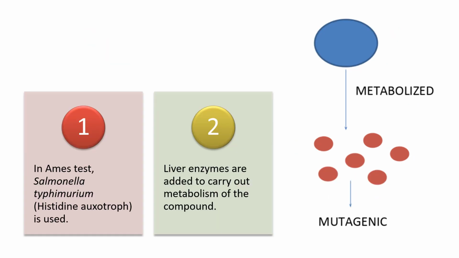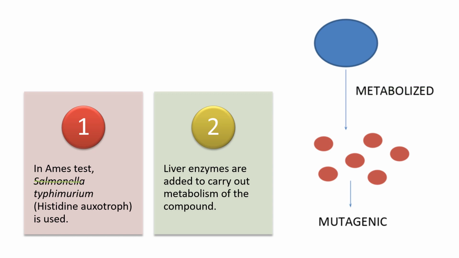In Ames test, we use Salmonella Typhimurium as the test culture. We mainly need to check for the mutagenic potential of the metabolic products. And for that, we want our test compound to get metabolized.